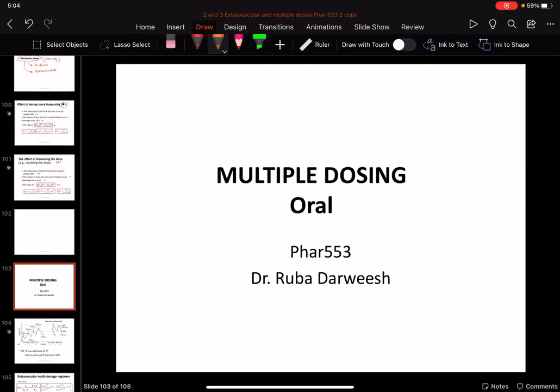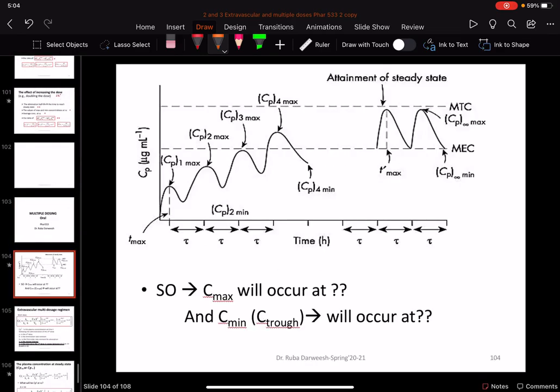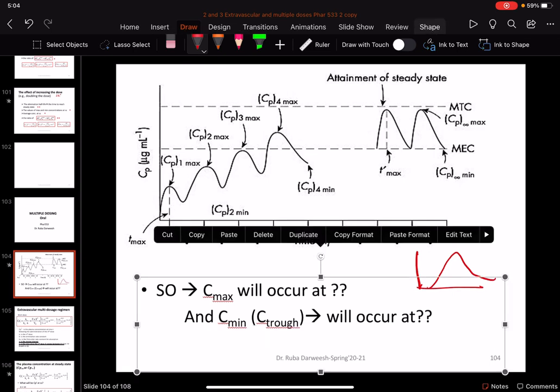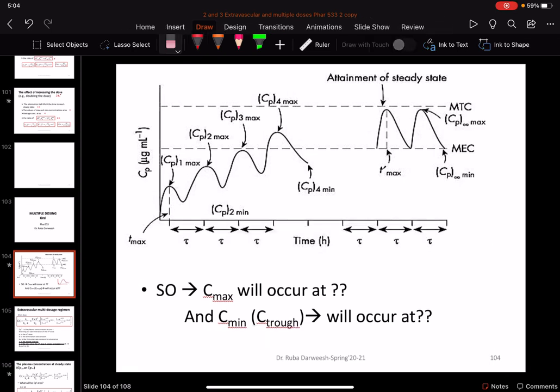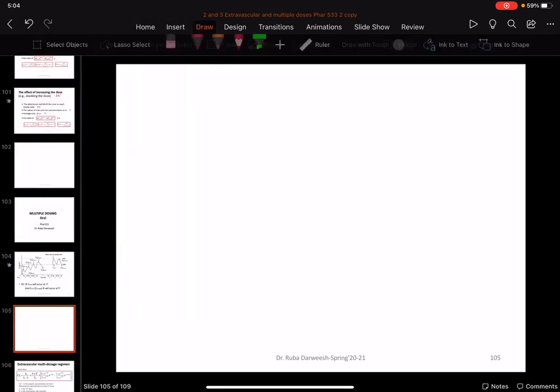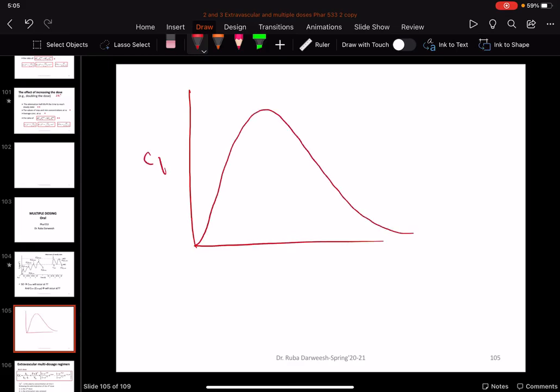For the multiple dosing extravascular administration kinetics, first of all, you need to remind yourself that each dose, if we are talking about just one dose, as we just mentioned in the previous review, starts at 0, reaches a maximum, and then goes back to the least that we can have.